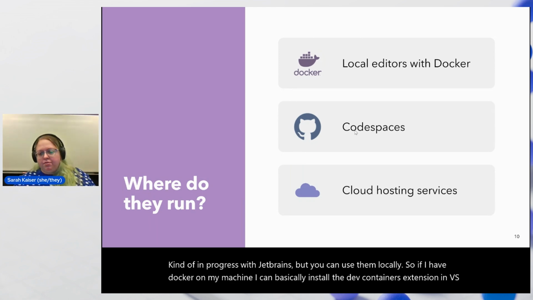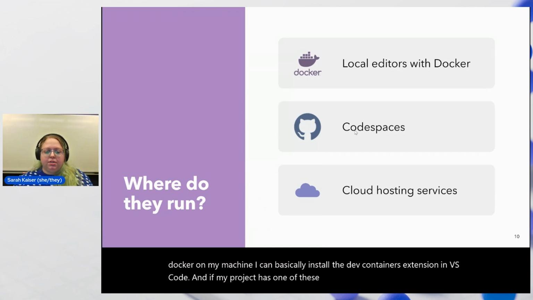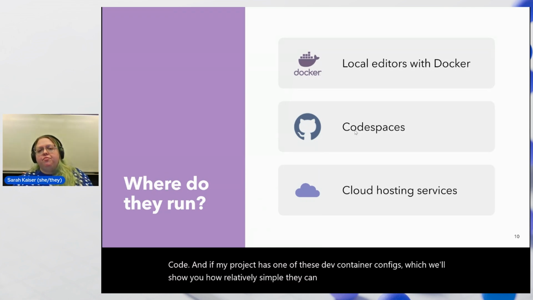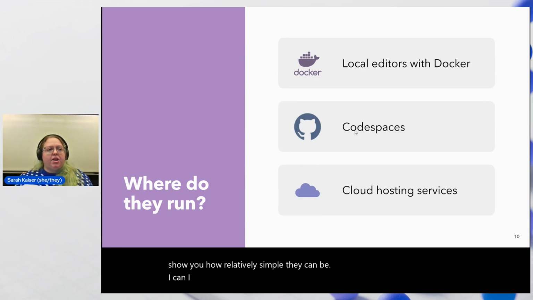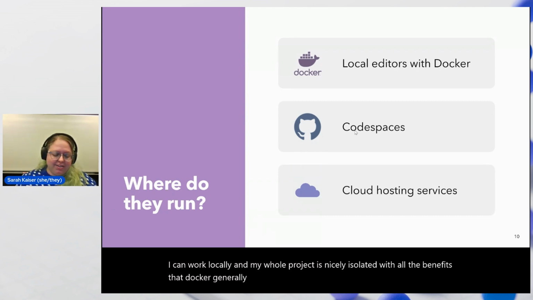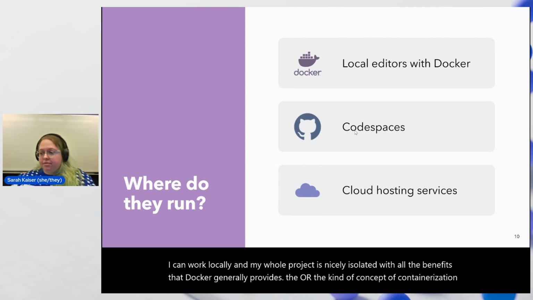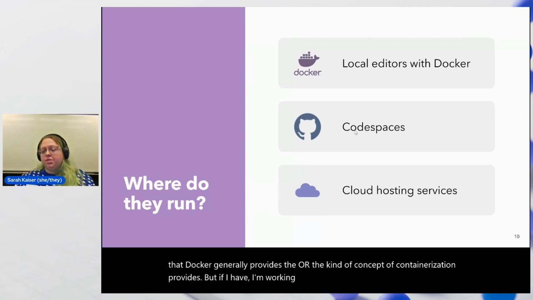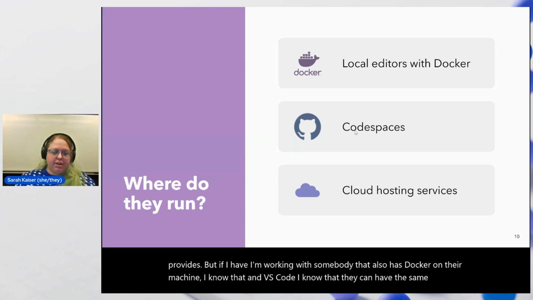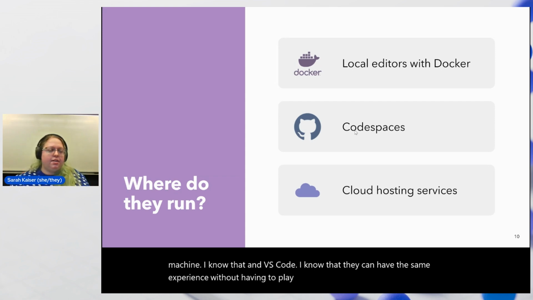And if my project has one of these dev container configs, which I'll show you how relatively simple they can be, I can work locally, and my whole project is nicely isolated with all the benefits that the concept of containerization provides. If I'm working with somebody that also has Docker and VS Code on their machine, I know they can have the same experience without having to ask what extensions they have installed, or how this works.